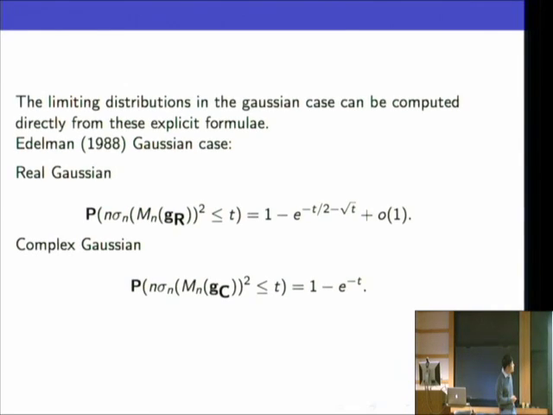The factor n here is of course a normalization, because we know that this guy has order 1 over square root n, right? So we need to multiply with square root n and square everything. Actually, in the complex case, it's exact. It's quite interesting. I don't know how to explain it because I don't know this integration technique.